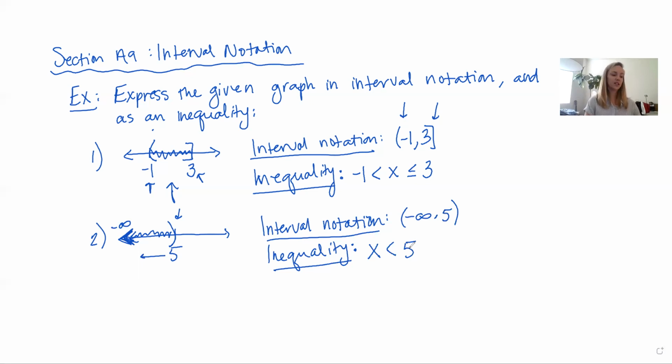Let's go ahead and take a look at some examples where we're given a different piece of information. So these ones we were given graphs for both. Now, in our next set, we're going to be given the inequality.